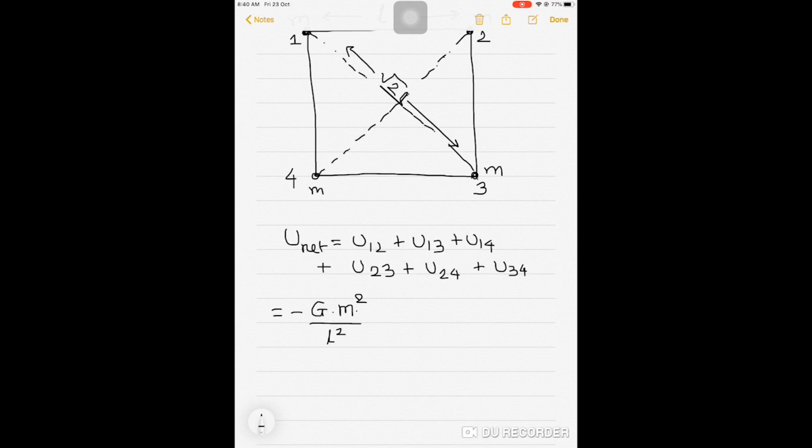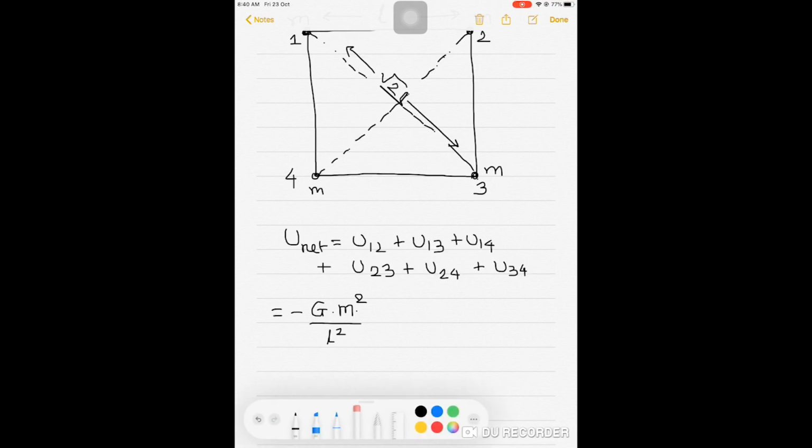U12 follows this type of equation, then U23, then U34, and U14 also follows the same equation.